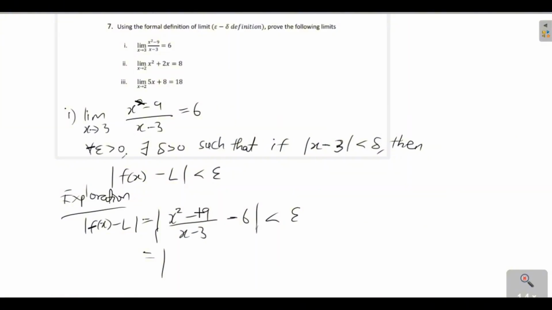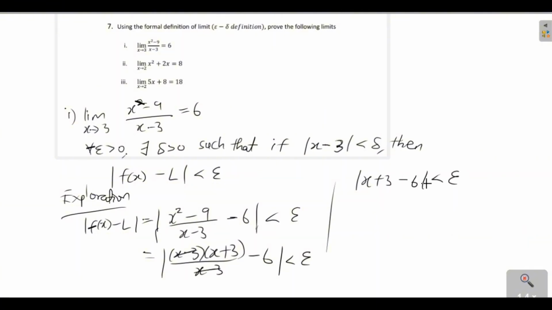That would be x squared minus 3 squared. And using difference of two squares, we have (x minus 3)(x plus 3), all over x minus 3, minus 6, and this should be less than epsilon. Clearly you can see that this cancels this. And finally we are left with x plus 3 minus 6, which is less than epsilon.